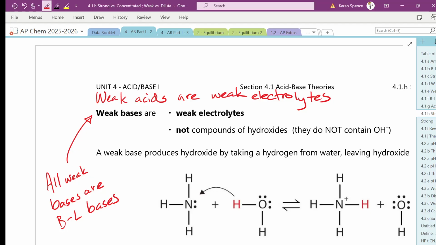Is it impossible for an acid to be both? Okay, so bases are usually one or the other. But acids, either it just separates into H and whatever the ion is, Cl, or it donates to water and it's H3O+ and Cl-.